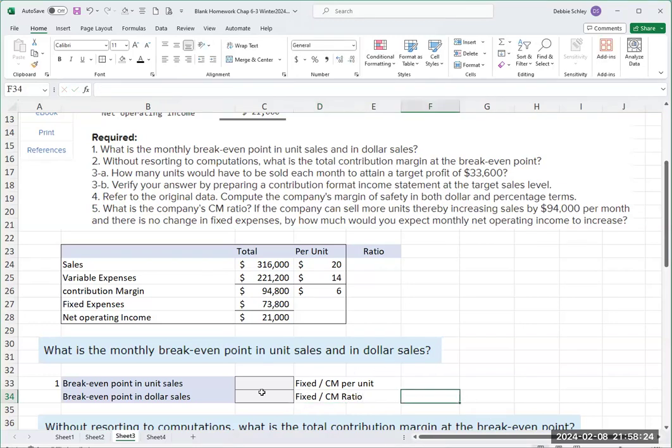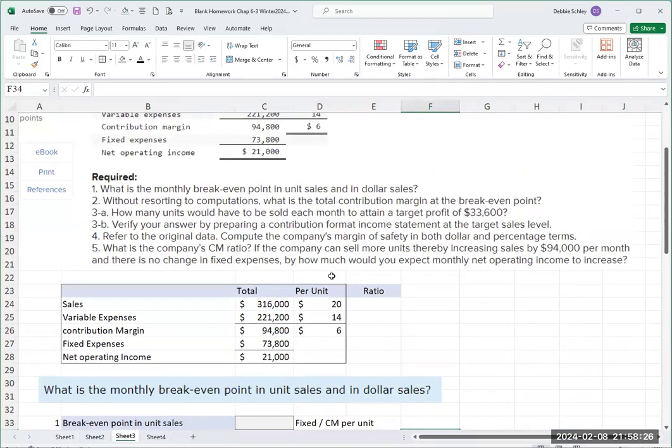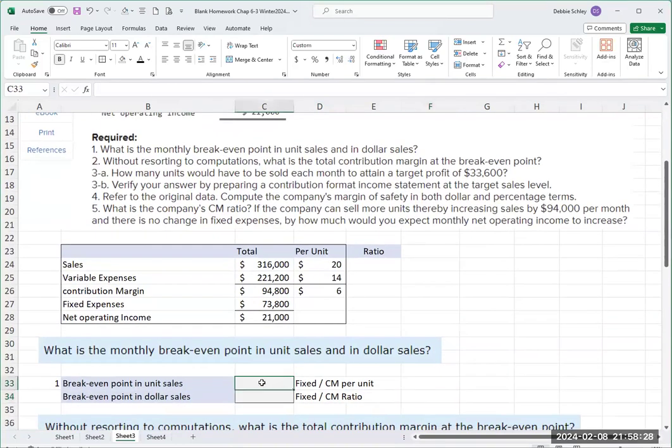So let's see. Yep, they gave me that. Okay. So for the break-even point in unit sales, I'm just going to take my fixed expenses divided by my contribution margin per unit. Okay, so that tells me how many units I need to sell to break even.